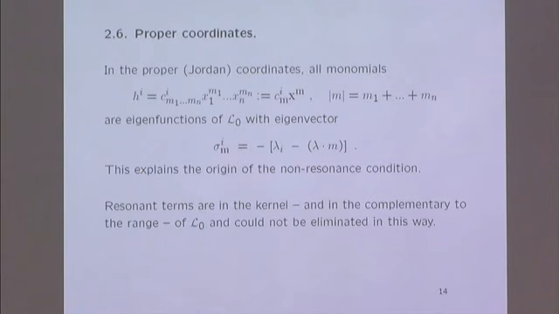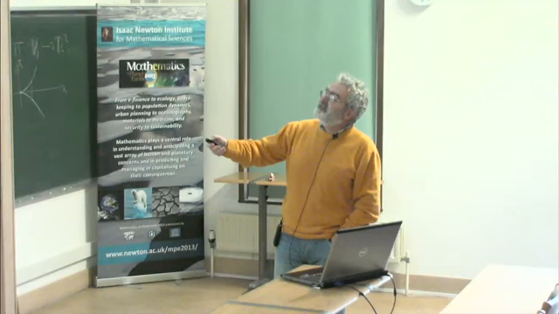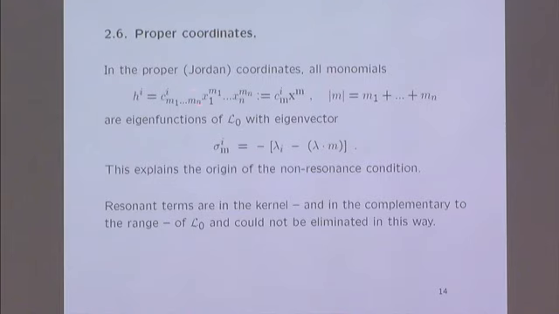If we work in the right coordinates, things are nicer. And right coordinates means just take monomials of this form. And if you act with that operator I showed you before on things like this, you find that these things are eigenfunctions, and this is the eigenvalue.